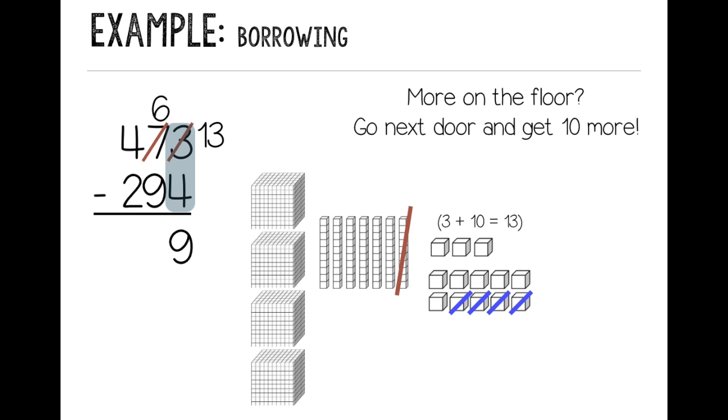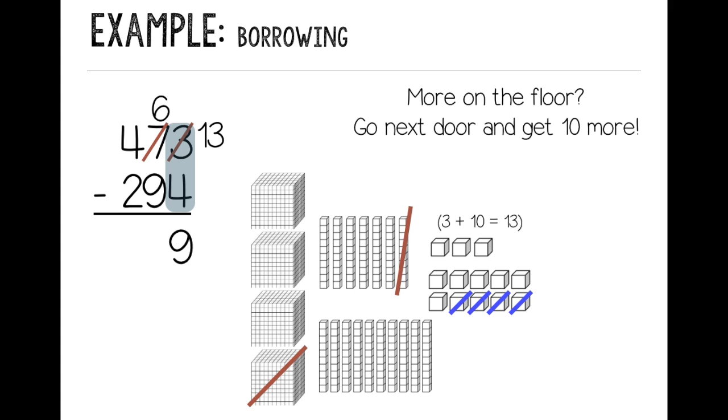Next, I move to my tens place. 6 tens minus 9 tens. Again, there's more on the floor, so I have to go next door and get 10 more. So I go to my hundreds place, and I take 100, and I turn it into 10 tens. That leaves me with 3 hundreds, and then I have 6 tens plus 10 tens for 16 tens, so I can change my tens place to a 16.